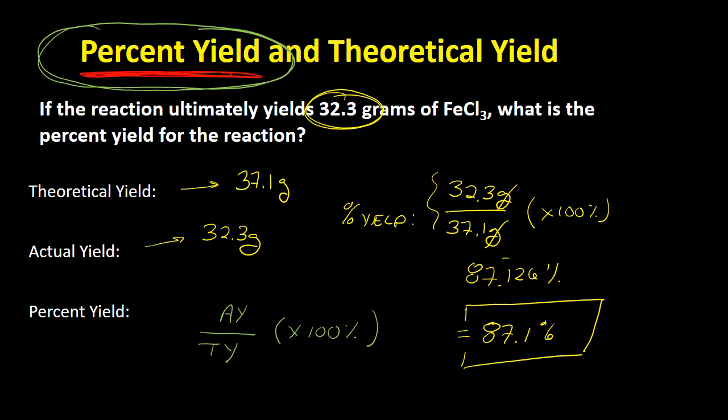But generally speaking, you shouldn't have a percent yield over 100%. And on a homework or exam question, I can't imagine a situation in which you'd have a percent yield over 100%. If you ever see that, you almost certainly made a mistake. I can't imagine any way that wouldn't be a mistake. So go back and check your math.